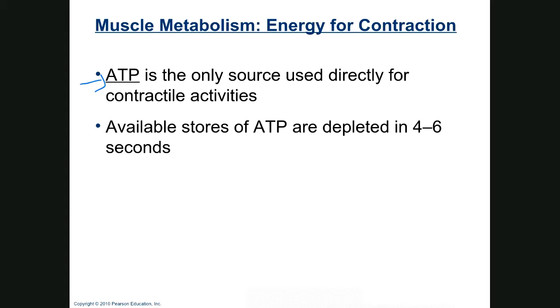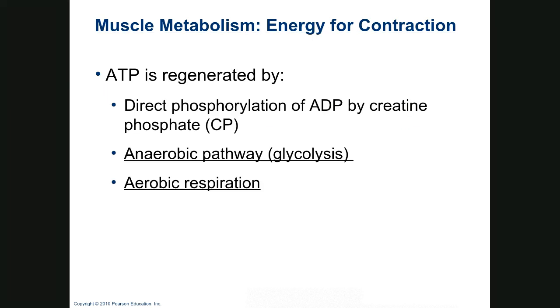Now, in exercise, ATP is depleted in 6 seconds. Then you can have direct phosphorylation of ADP by creatine phosphate. So you pick up a phosphate off the creatine phosphate, stick it over here on the ADP, and you get ATP.